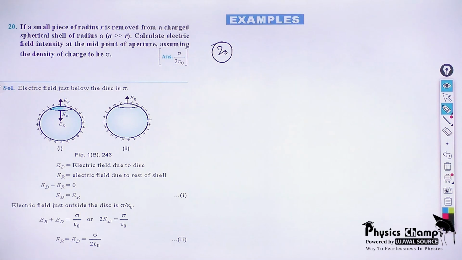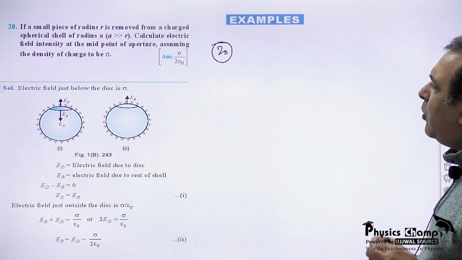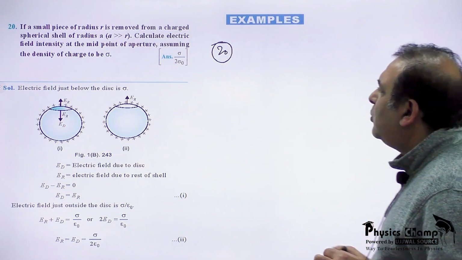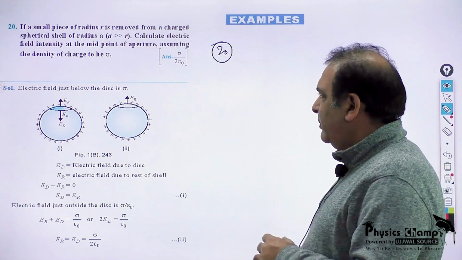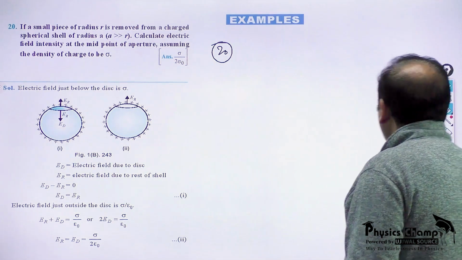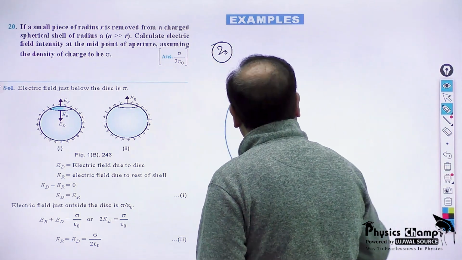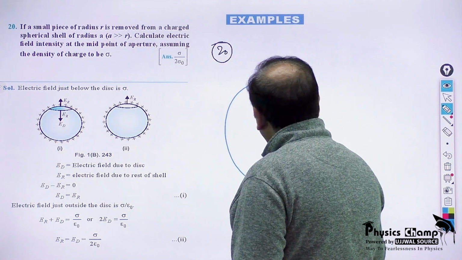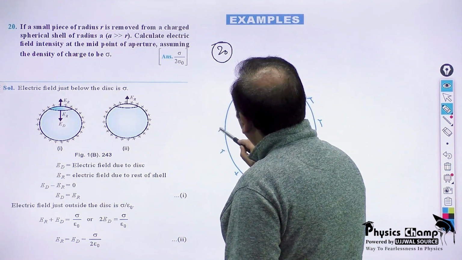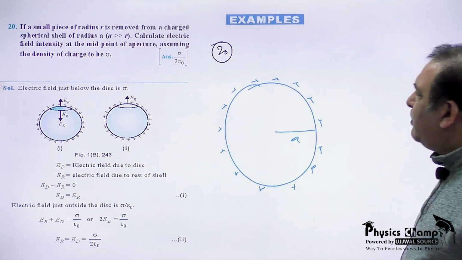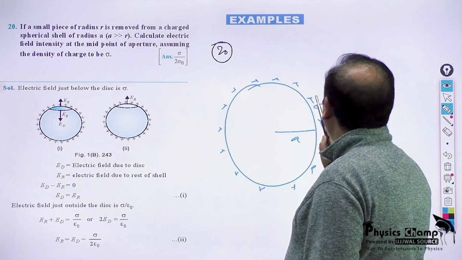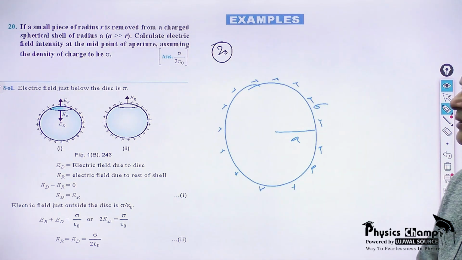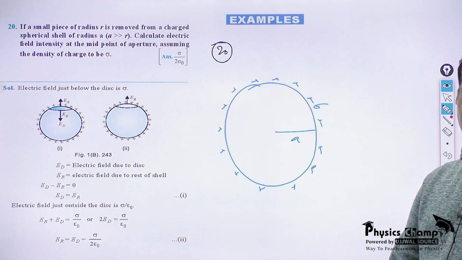Question number 20 says, if a small piece of radius r is removed from a charged spherical shell of radius a, you have a spherical shell of radius a, and it has a charge density sigma.